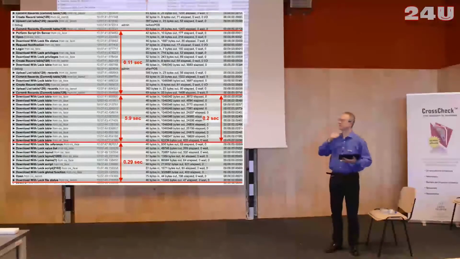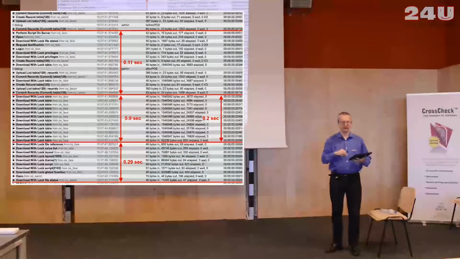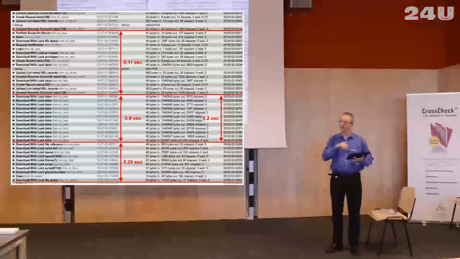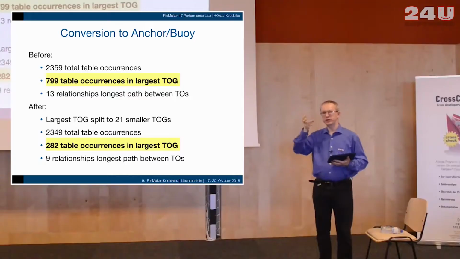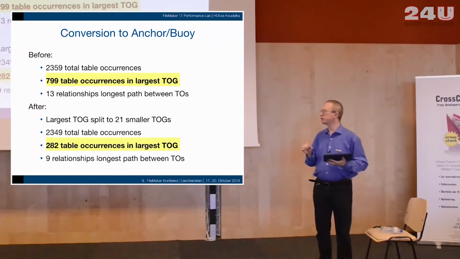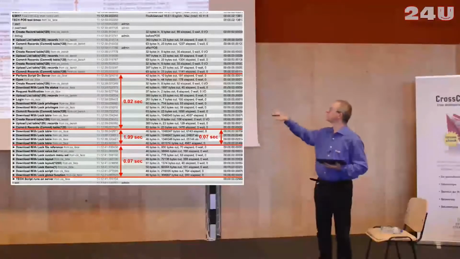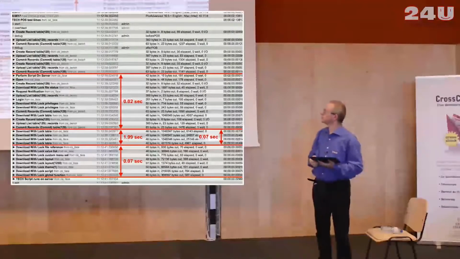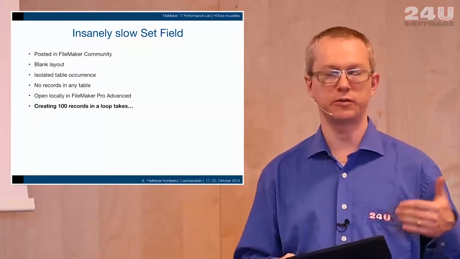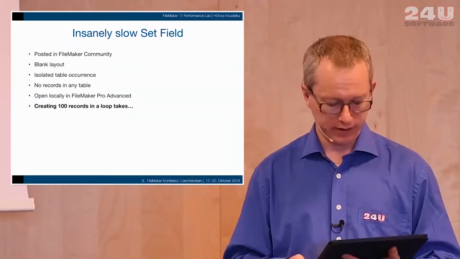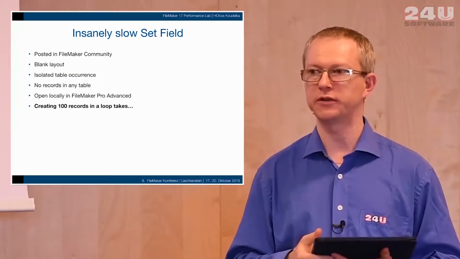Then it worked 6 seconds on the client side to build the structures in memory, the master map of table occurrences. By splitting the graph into smaller table occurrence groups, we achieved a simpler structure, and those 6 seconds got cut down to just 2.